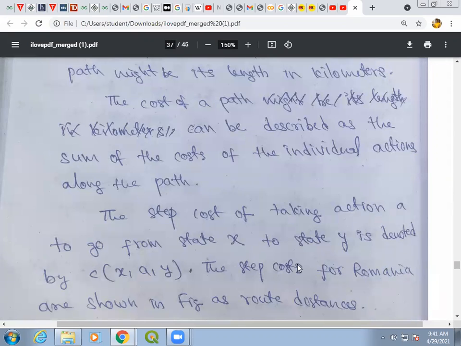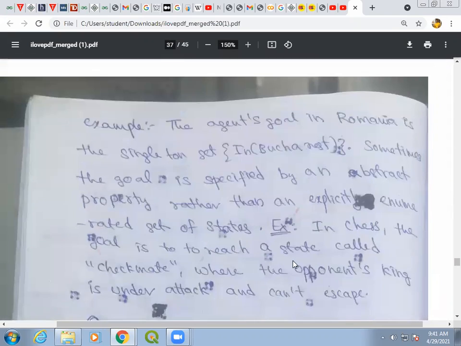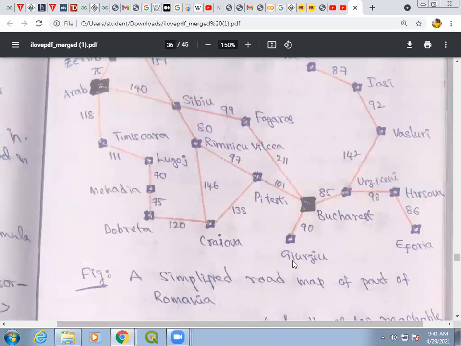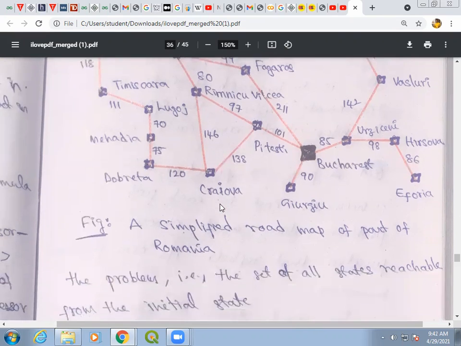Now we will discuss what step cost is. For example, here it is reaching Sibiu. To reach Sibiu, it is taking an action. What is the action? Go Sibiu is the action. By taking that action, it will reach Sibiu from Arad. The cost to reach Sibiu from Arad is 140. That is called step cost.